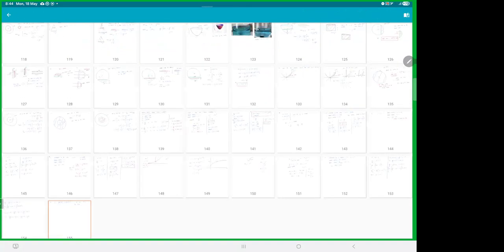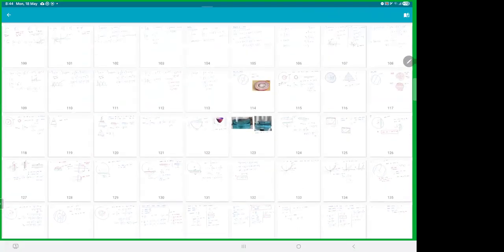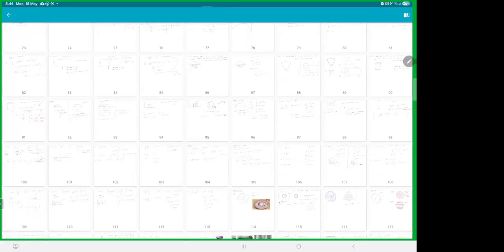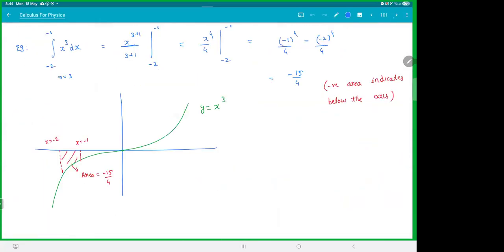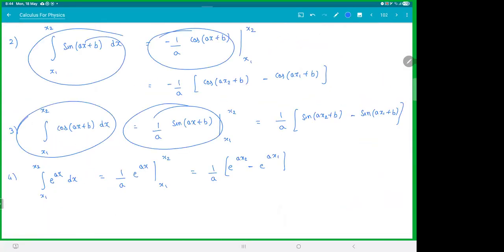Cos ax plus b is 1 by a. Hmm. These are the two formulas.